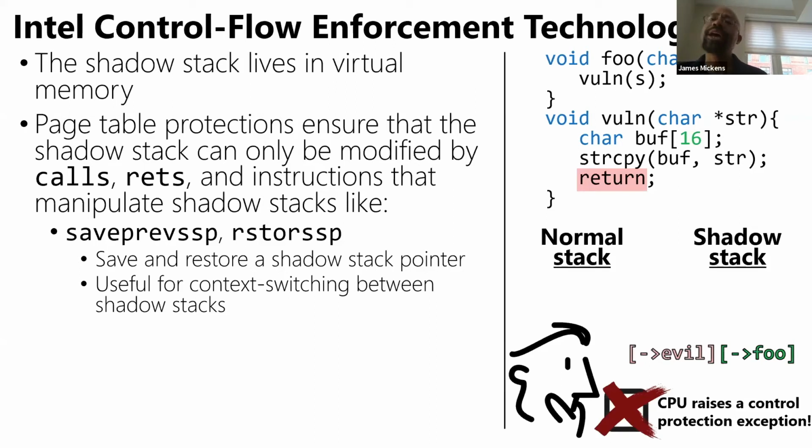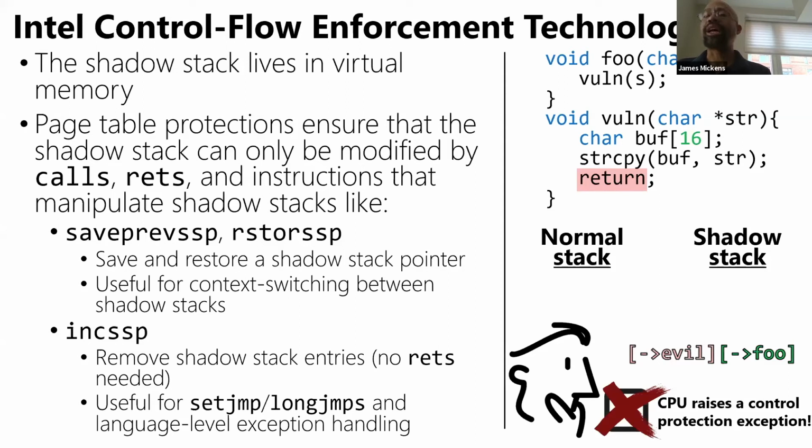You could imagine that if there's a user level threading library that needs to maintain different shadow stacks for each user level thread, you might want to use these instructions. Also, there's this instruction called increment shadow stack pointer. What this does is remove shadow stack entries without having to actually execute a ret.